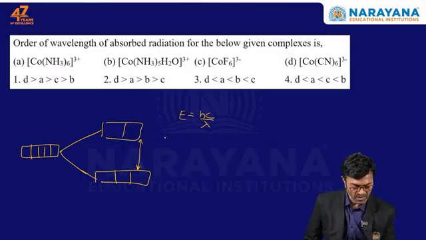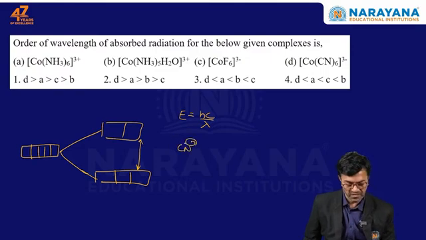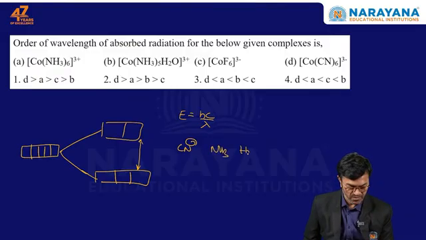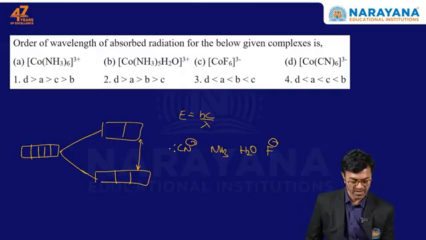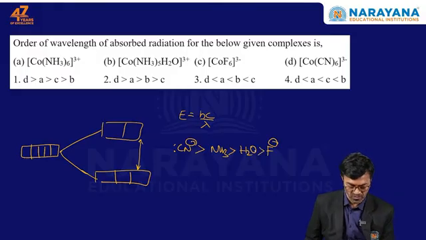So if you see the energy order, in the ligand field strength we have the cyanide ligand, amine ligand, water as well as fluoride. In order of field strength, cyanide ligand causes much more splitting than ammonia, ammonia causes greater splitting than water, then F minus.